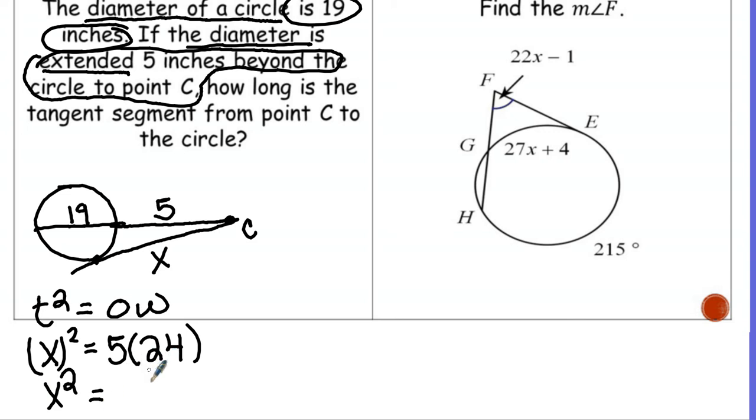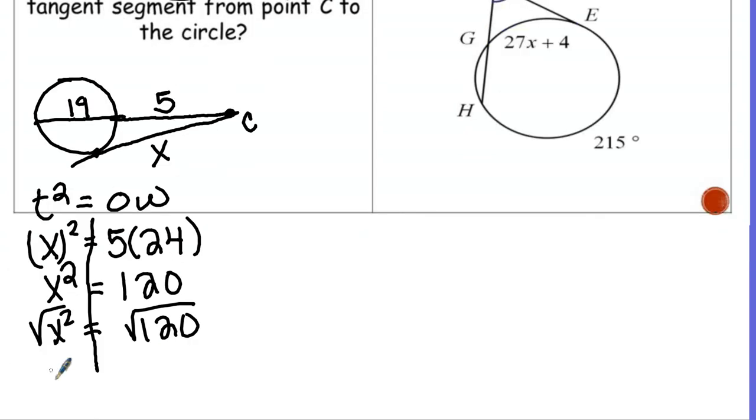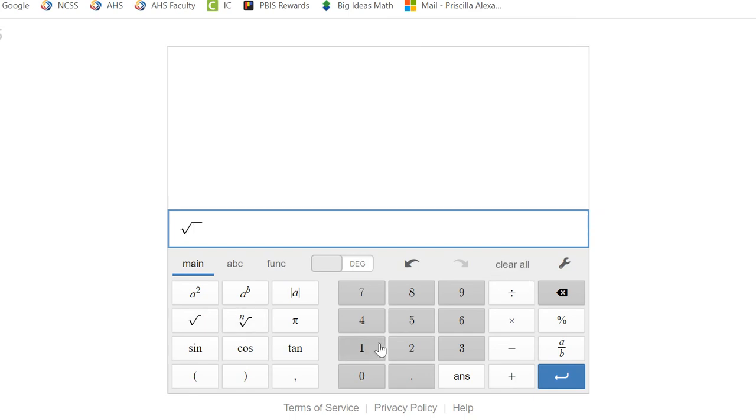So what is that going to be? 120. And then we're going to take the square root of that. We're going to drop our line on here. The x is on the correct side, so we take the square root of both sides. And we're going to get x equals, and I'm going to use decimals to help me out with that. Square root of 120 is 10.95.